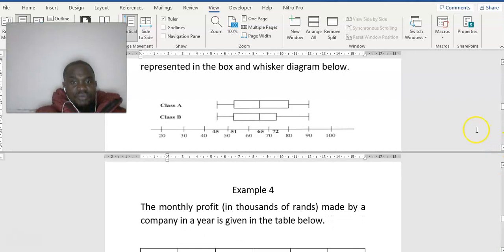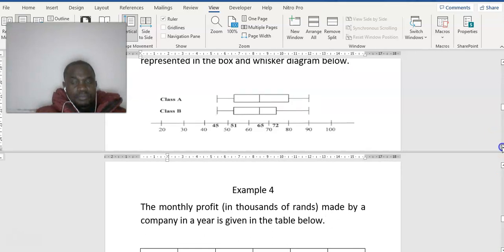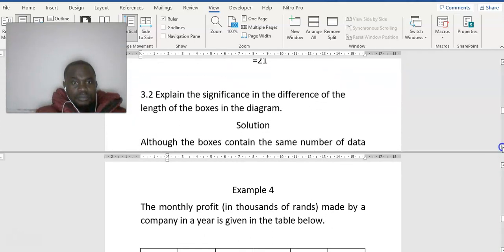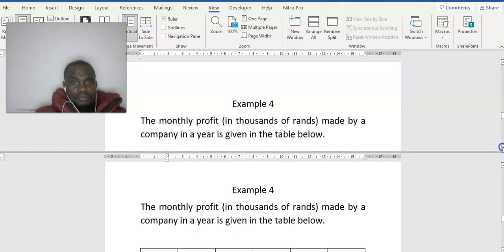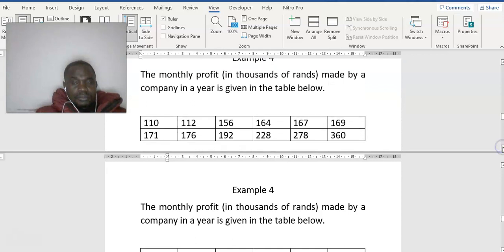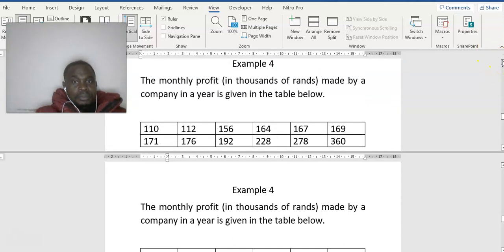Let's look at example 4. For example 4, monthly profits in thousands of rand, made by a company in a year, are given in the table below.